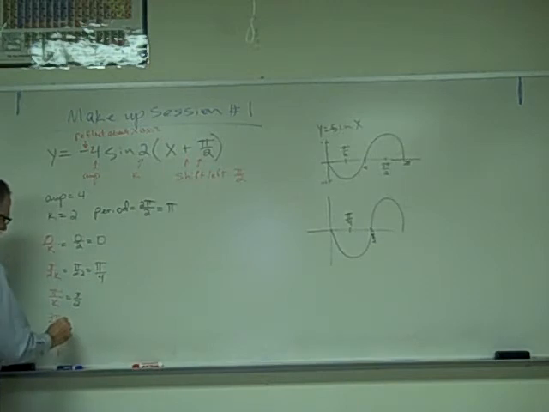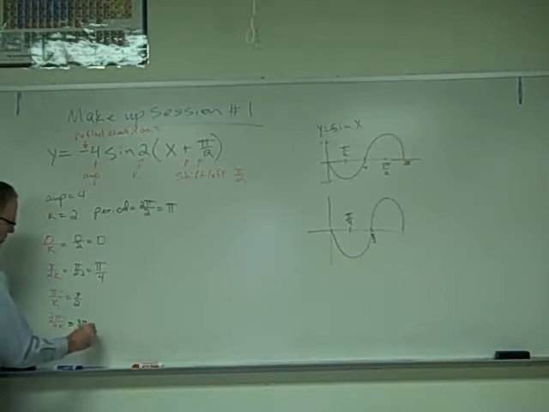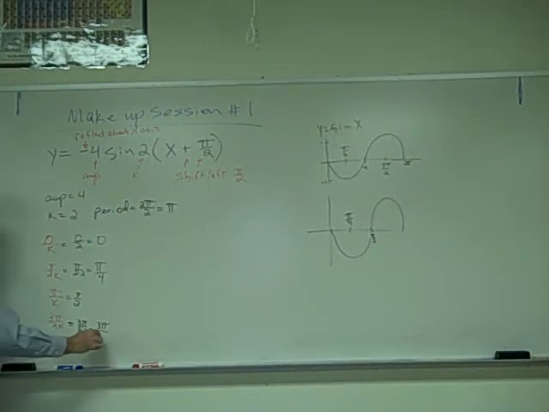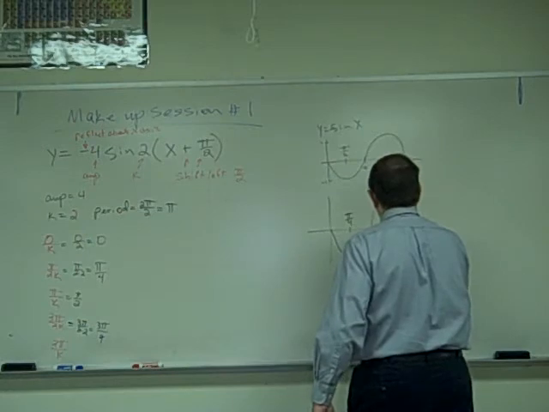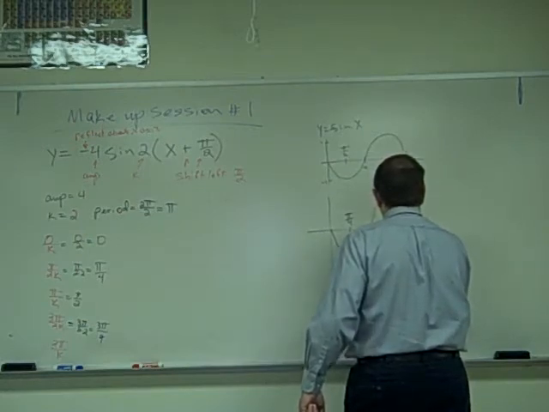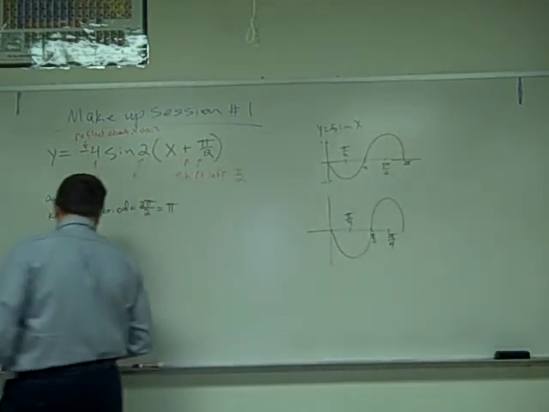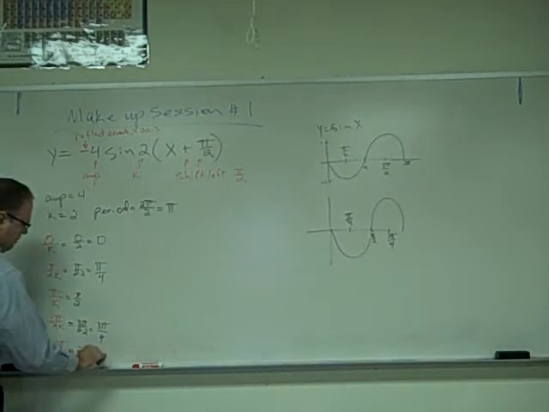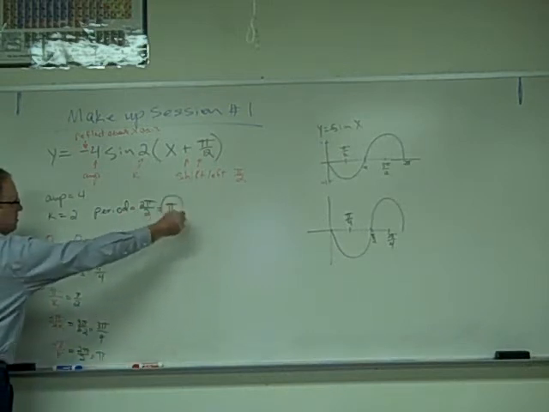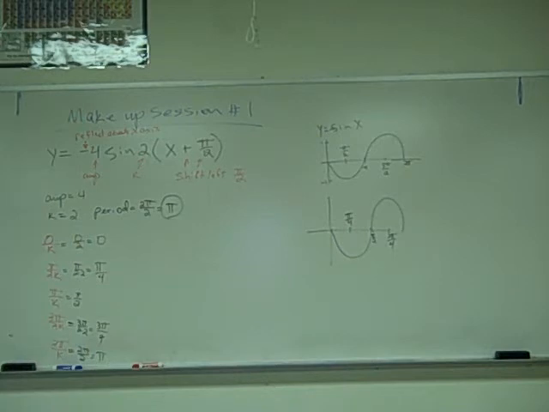And then 3 pi over 2, we said k is 2, so that'll be 3 pi over what value for our denominator? 4. 3 pi over 4. Now, instead of being at 3 pi over 2, we're at 3 pi over 4, and then 2 pi over k, we're at 2 pi over 2, so now we're at pi, which matches what we said our period was.